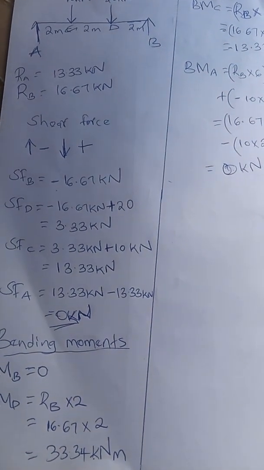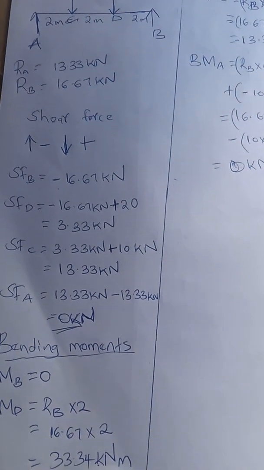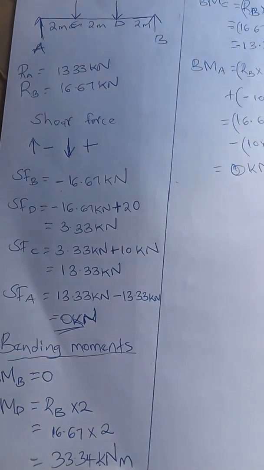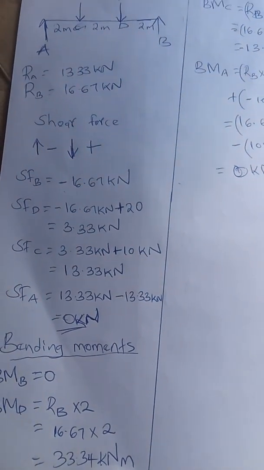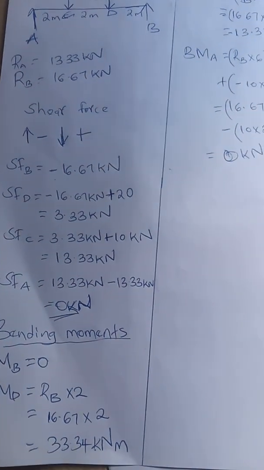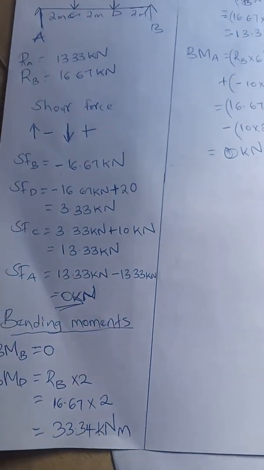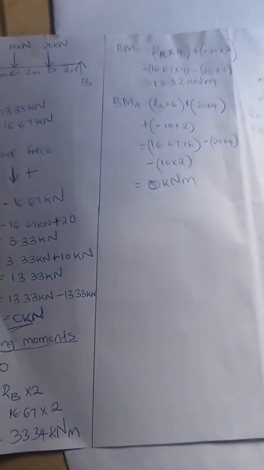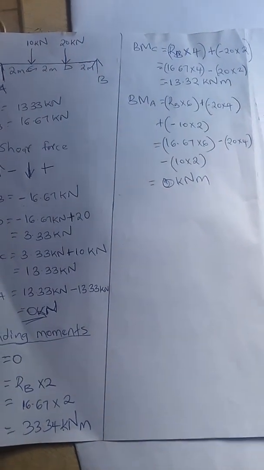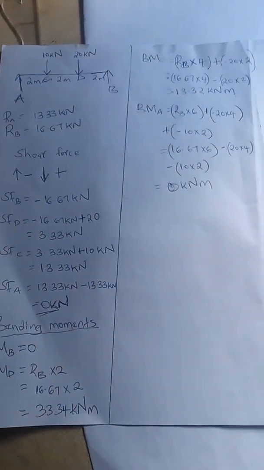But if you are starting from A to B, then the upward force will be positive and the downward force will be negative. The shear force at B will be 0, and the bending moment at B and A should be 0, because this is a simply supported beam. For a simply supported beam, the moment at the support is usually 0.